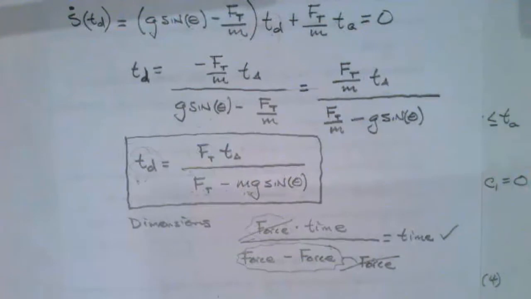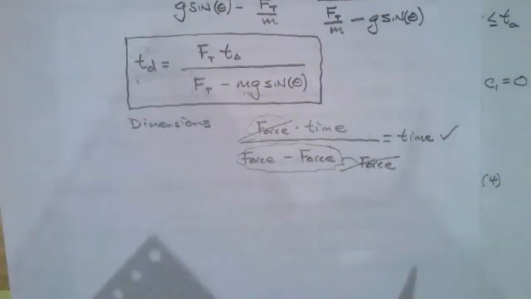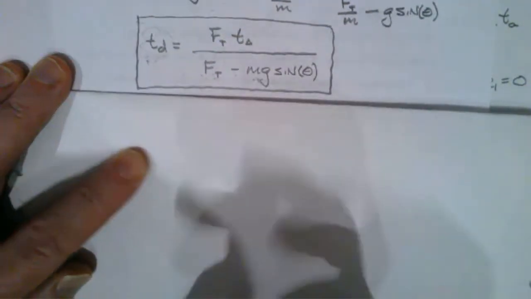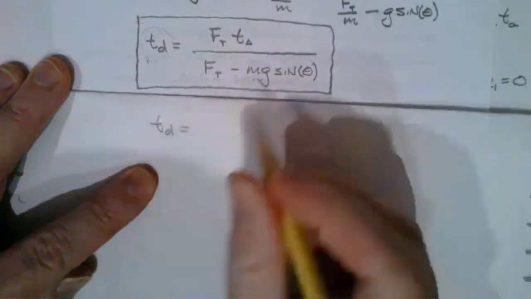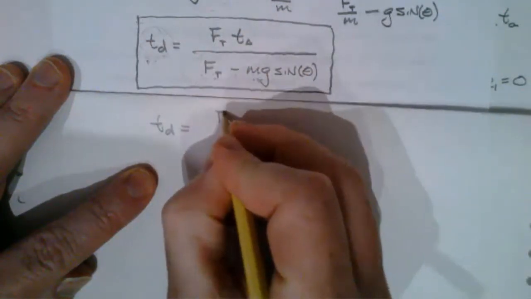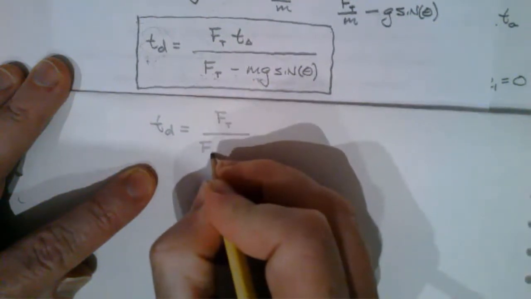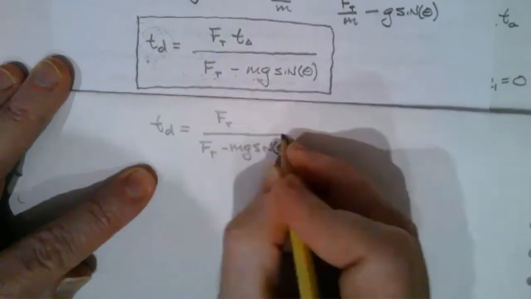Okay. Is TD bigger than TA? Interesting. Notice this answer I'm getting for TD. What is that? It's some number, Ft, divided by another number, Ft minus mg sine theta, right?